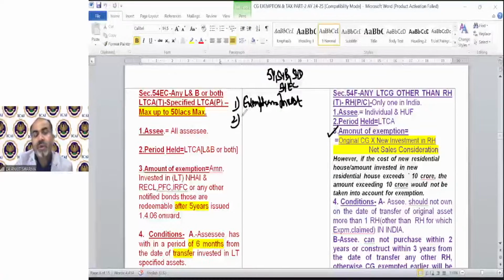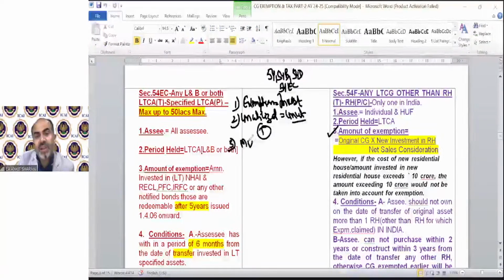If I ask you, what is the unutilized amount taxable? If you have deposited the amount in the CGAS scheme and did not utilize it within the time duration, what is the unutilized amount taxable? The provision says the taxable amount will be the unutilized amount. Simple. There is no special provision.